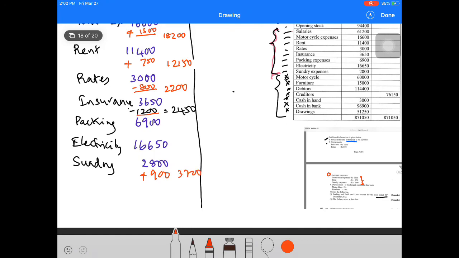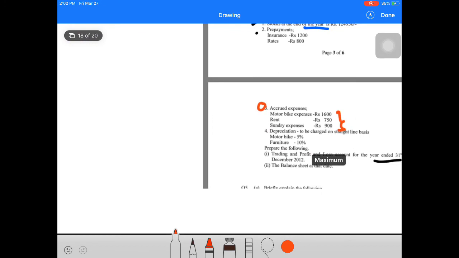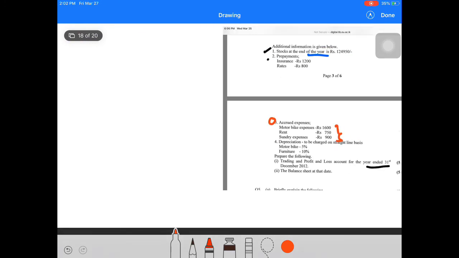In addition to that, you see they have mentioned about the depreciation. We have to consider the depreciation of assets. Depreciation means the value of asset is reduced in each year. So we have to consider it as an expense. In this case, they have given that motorbike depreciate at 5%, furniture at 10%.